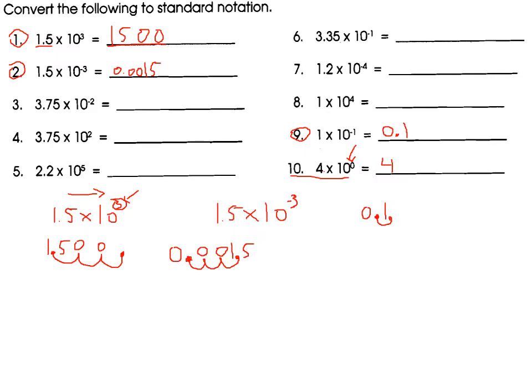So you should attempt the rest of these problems here. One of the ones that students often have trouble with is this one here, number 8, and we'll write it out and try it together. So 1 times 10 to the power of 4. And I'm actually going to add another example here to show you by comparison. Let's do 1.2 times 10 to the power of 4. So if I was doing 1.2 times 10 to the power of 4, that one's a pretty easy one.